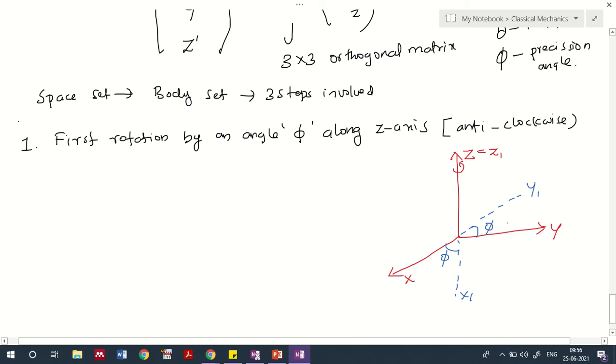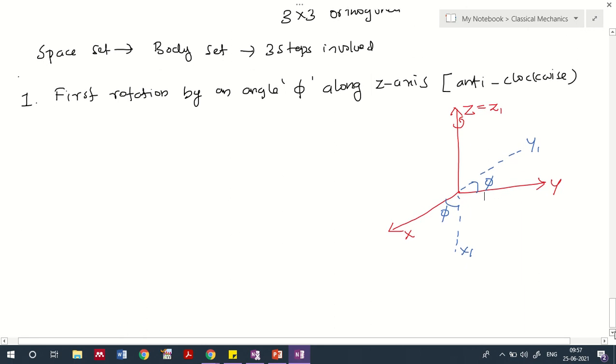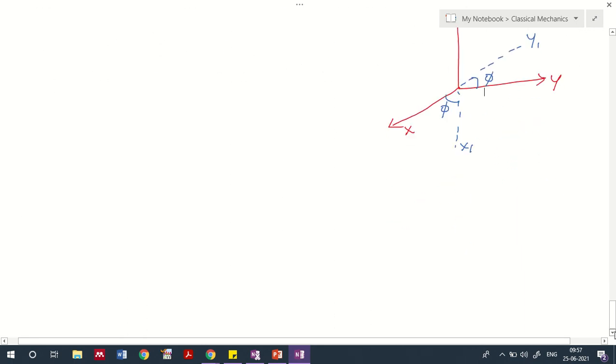There is no change corresponding to the axis of z, so z is equal to z1, but there is a change corresponding to the axes of x and y.